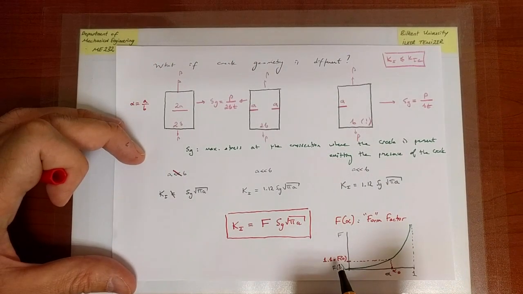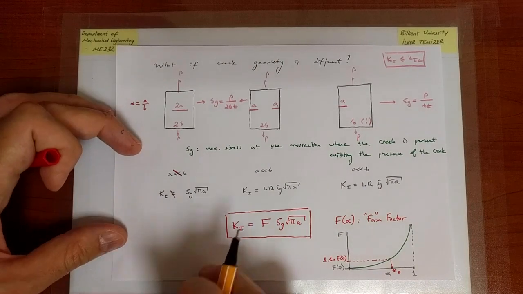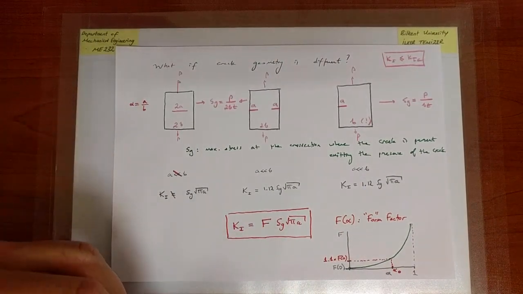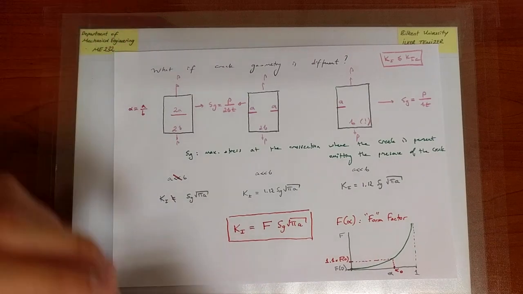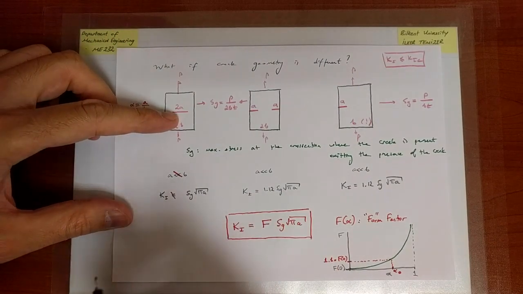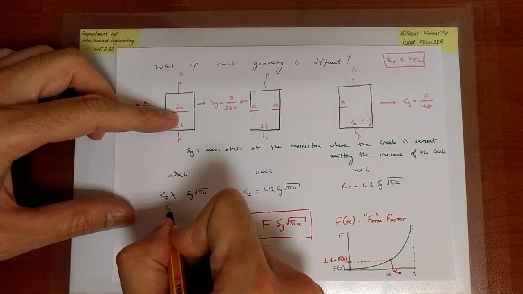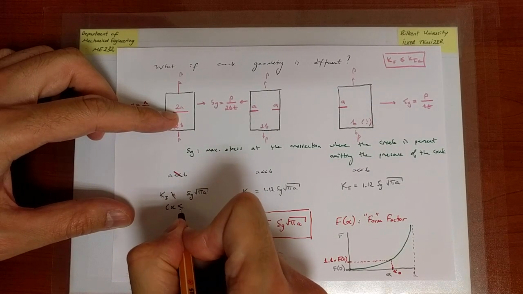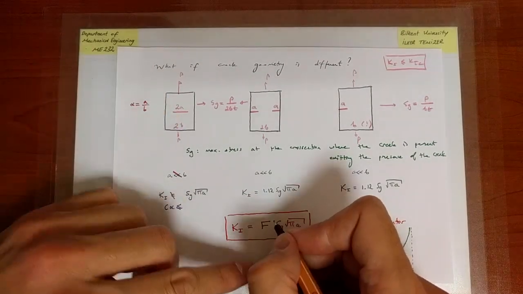Okay? So now, the way I'm going to make use of this information is as follows. I can say that if alpha is less than or equal to alpha 0, okay?